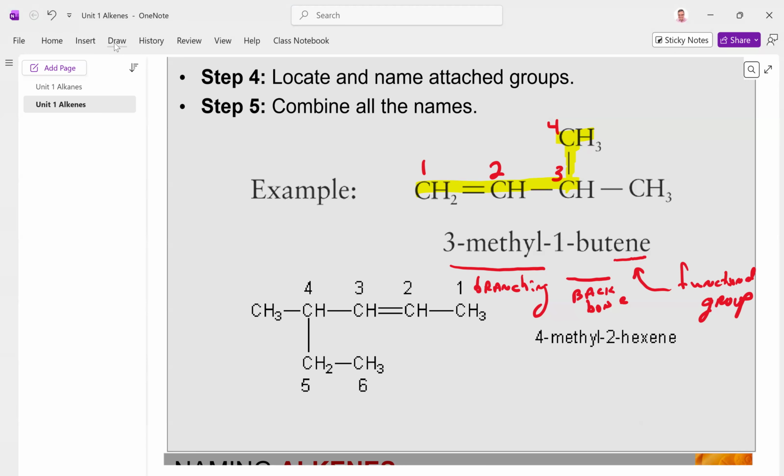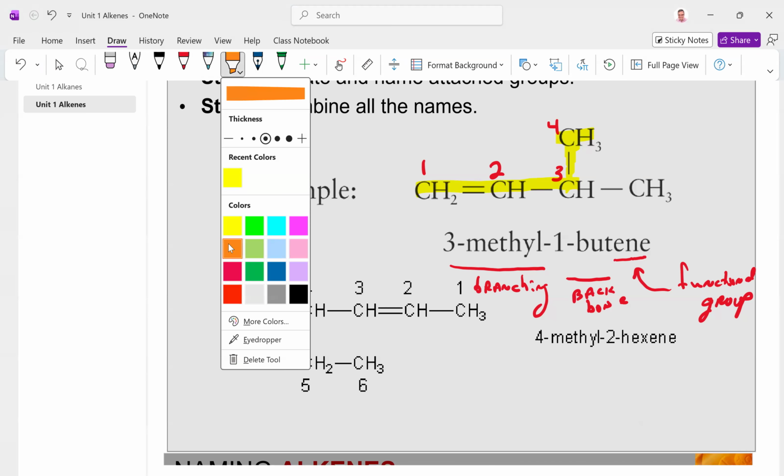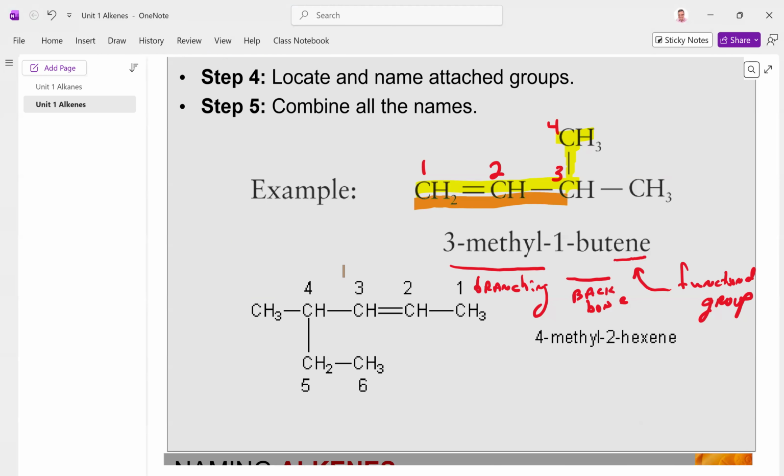This particular one, you can have two different backbones, but they have the same number of carbons. Let me show you the other one. This is the other one, straight across.